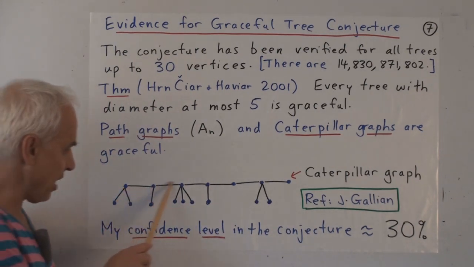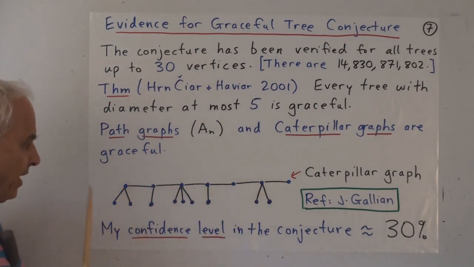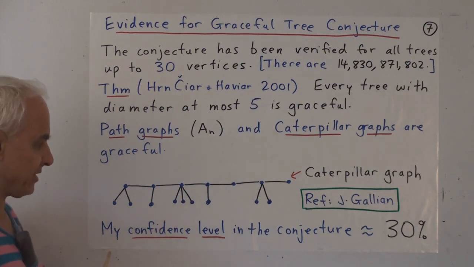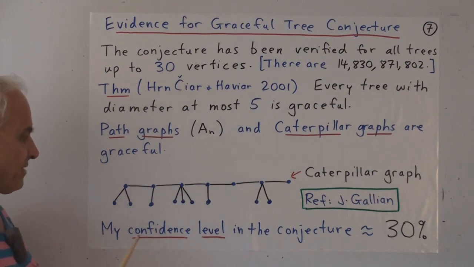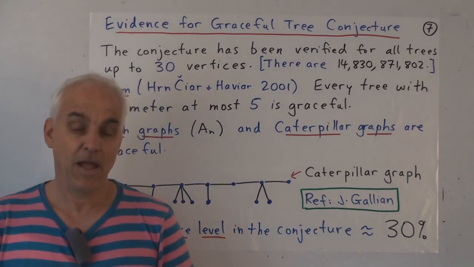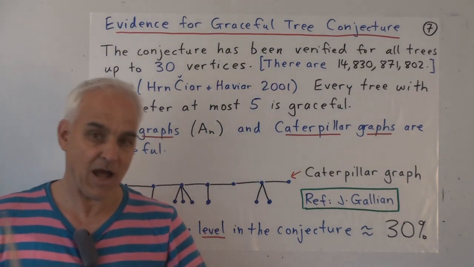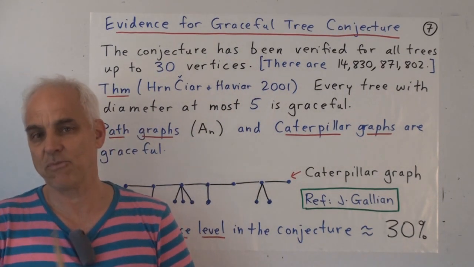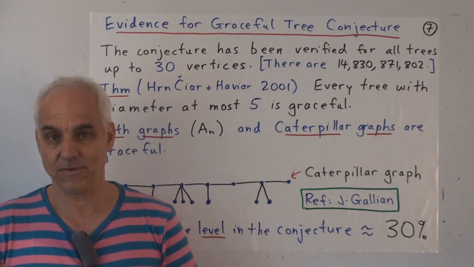So here along the top row you see a path graph, and then underneath the path graph you have a lot of these little legs, and each leg is only of length 1, going down to a new vertex. So that's what a caterpillar graph is, and we know that caterpillar graphs are always graceful. And there are quite a lot of other special kinds of trees, or trees with special properties, that we know are graceful.